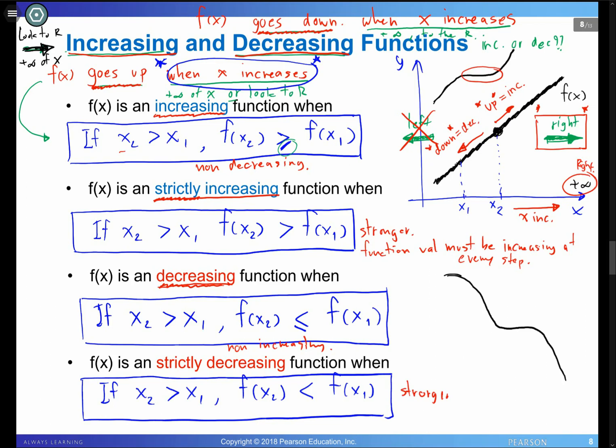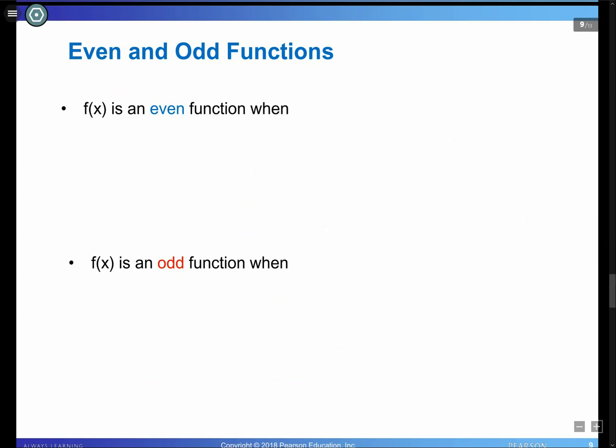Now, let's move to the next properties, and that is the properties of being even and odd. The even and odd property of a function is actually all about the symmetry of the function curve itself across the axis. So let's take a note on this one.